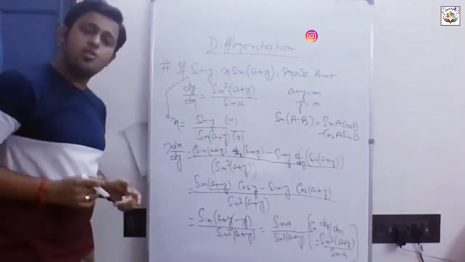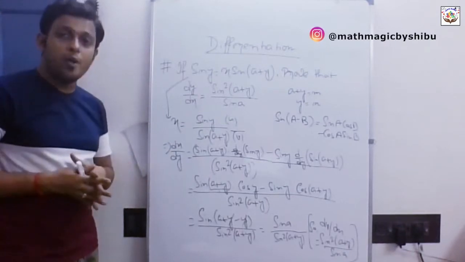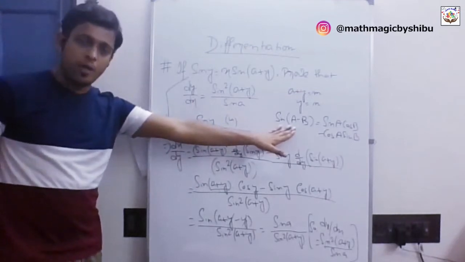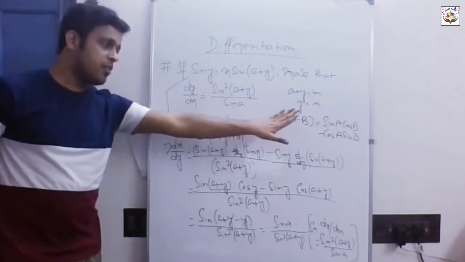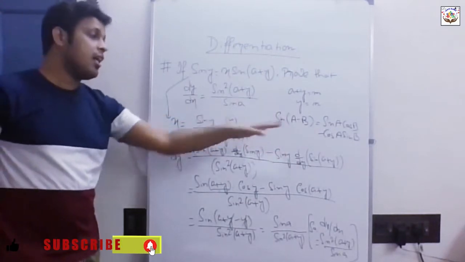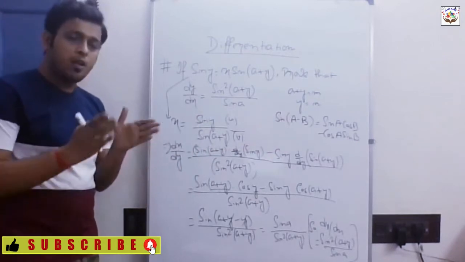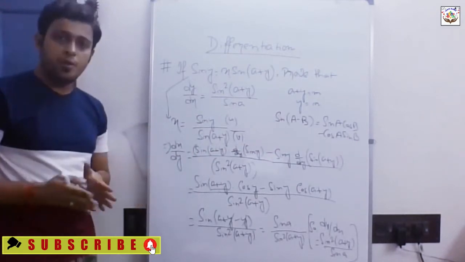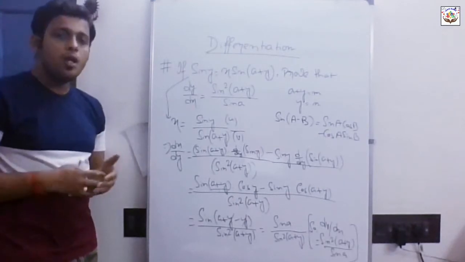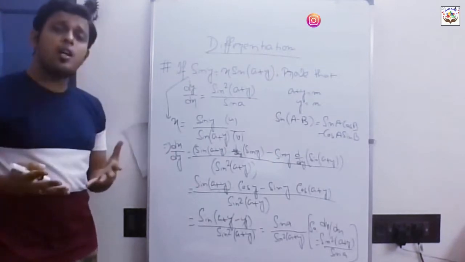I hope you have understood, but to solve this problem easily, you need to remember this formula. In trigonometry you will get this formula; it is a very basic formula. Along with sin(A minus B), there are formulas like sin(A plus B), cos(A plus B), and cos(A minus B). You should remember all these formulas because it would help you solve problems faster.